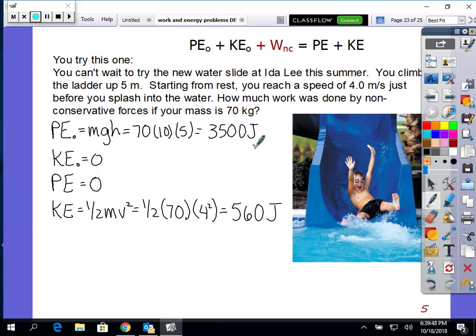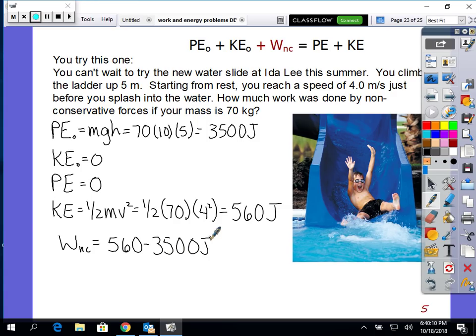So all the rest of the energy, you started with 3,500 joules, you end up with 560 joules. So the difference is going to be 560 minus 3,500 joules.